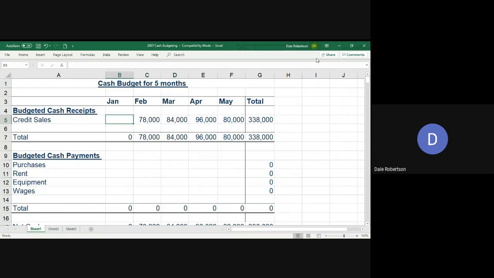I'm just going to go back to January for a moment. What money do we receive in January? Well, we receive the money for things that we sold in the previous month, which is December of the previous year. That information is given to us in the opening assets at the very top of your question, where it says debtors of 36,000. Debtors are people who we have sold to, but they have not paid us as of the 1st of January.